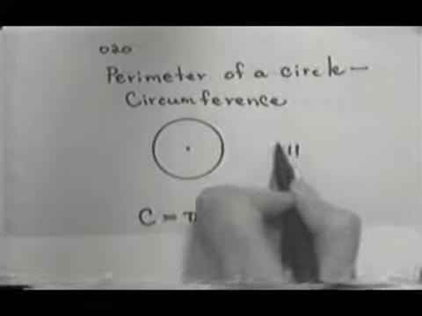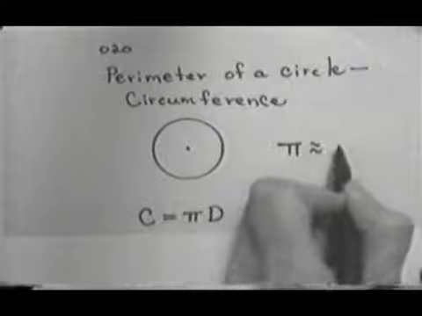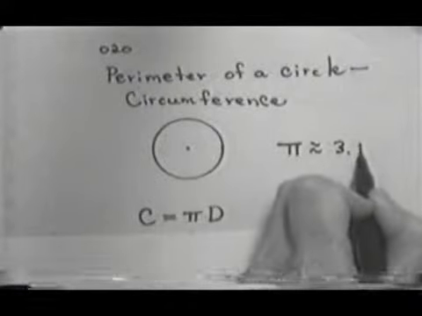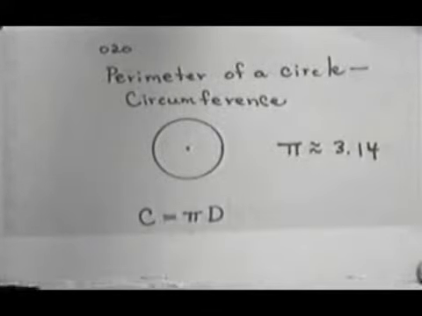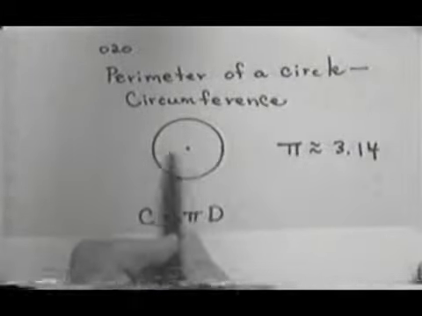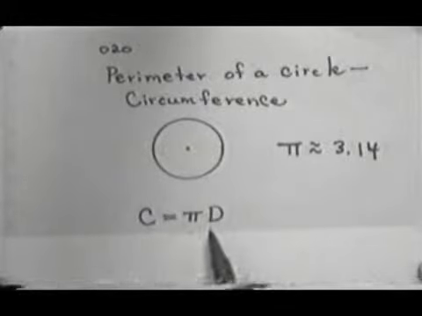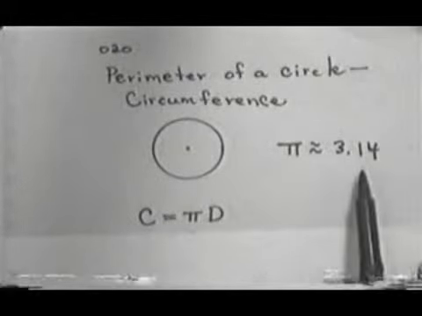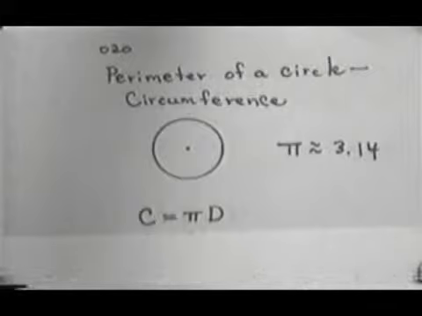The number pi is about 3.14. If you can find the distance across your circle and multiply that distance by the number 3.14, you'll get very, very close to the circumference of your circle.